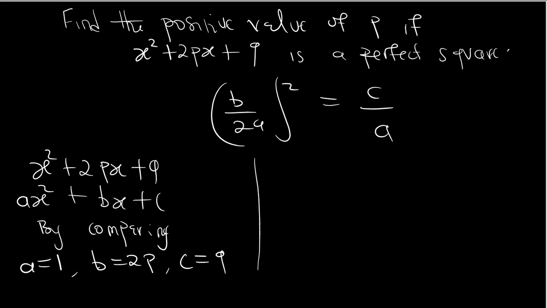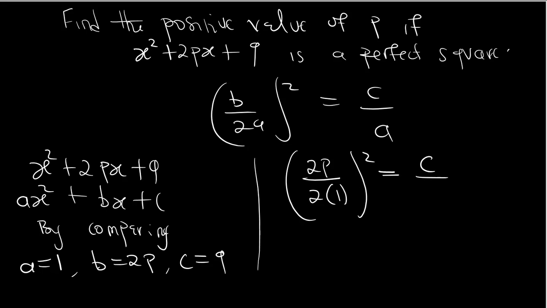We are going to have our b, which is 2p, over 2a. Our a is what? 1. All squared will be equal to c over a. Sorry, and our c is what? 9. So we are going to have 9 over 1.